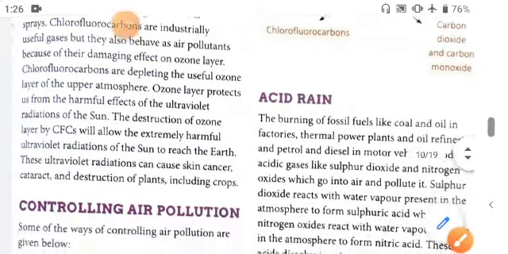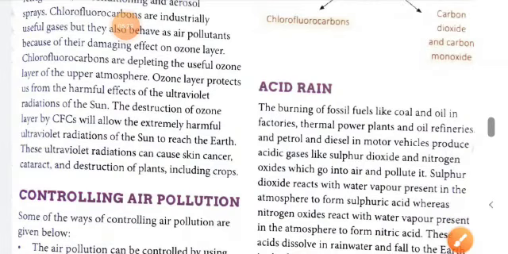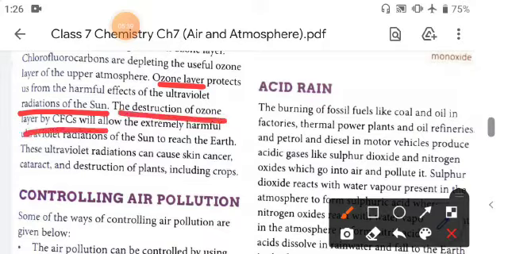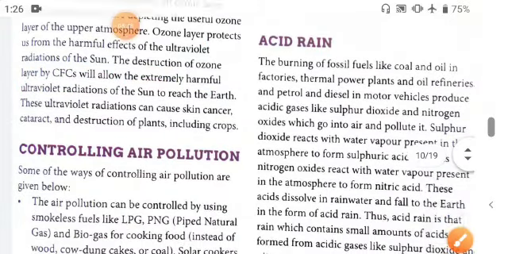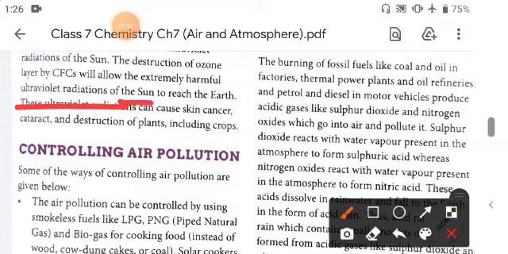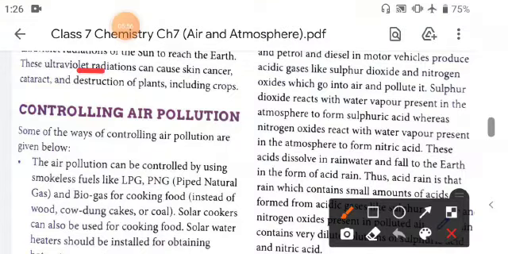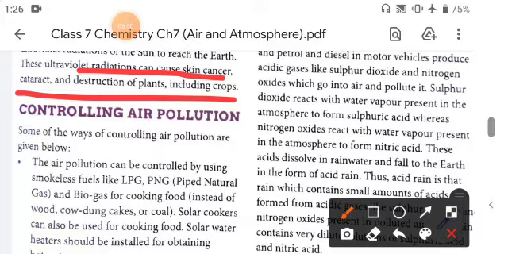When ultraviolet radiations come from the sun to the earth, the ozone layer protects us from those ultraviolet rays, and the destruction of the ozone layer by chlorofluorocarbons will allow the extremely harmful ultraviolet radiations of the sun to reach the earth, and then the ultraviolet radiation can cause skin cancer, cataract, and destruction of plants, including crops.